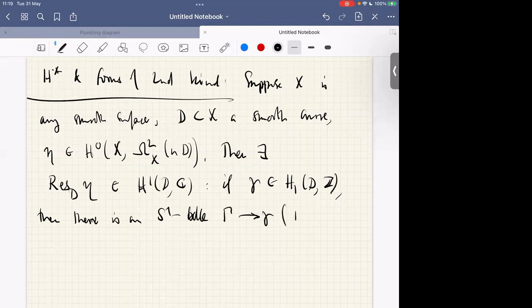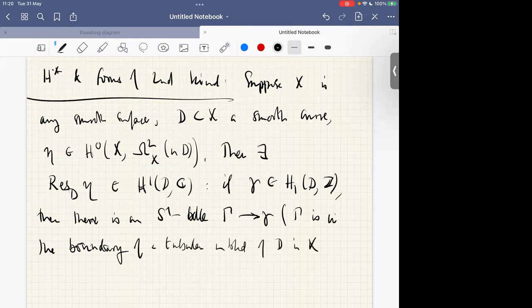So capital gamma is in the boundary of a tubular neighborhood of D in X. And the residue of this form, paired against gamma, is just 1 over 2 pi i times the integral around the two-cycle capital gamma of the two-form eta.